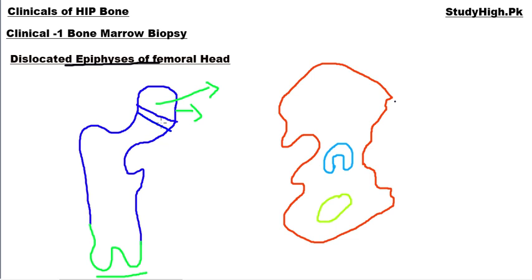As I informed you a little before in this lecture, there is a metaphysis that contains the epiphyseal plate that is involved in growth of children. So the region that contains the epiphyseal plate is called the metaphysis, and the shaft is called the diaphysis.